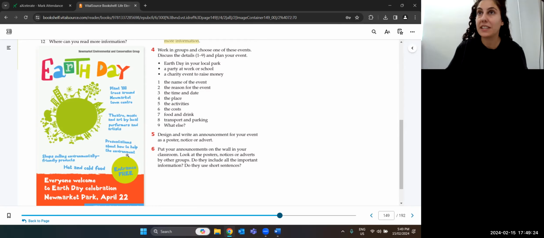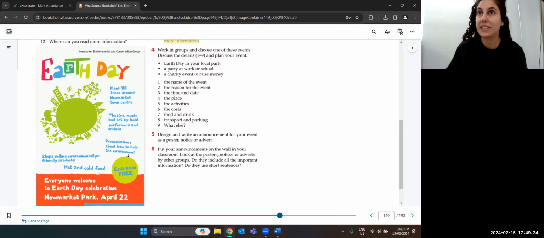If you look at these next sentences, there will be presentations about how to help the environment. So: presentations on how to help the environment. You can watch theatre, listen to music, and look at art by local performers and artists. Again, I can just write theatre, music, art.